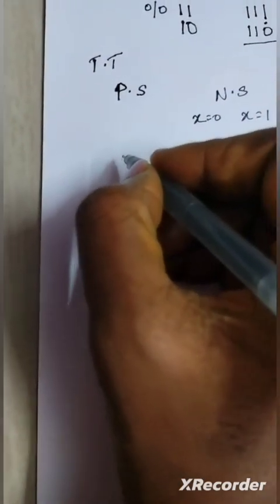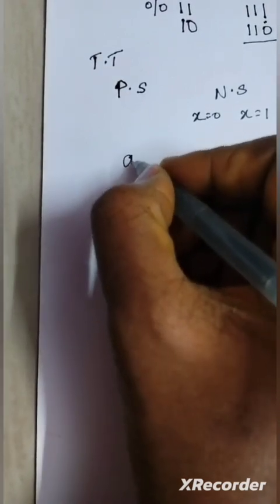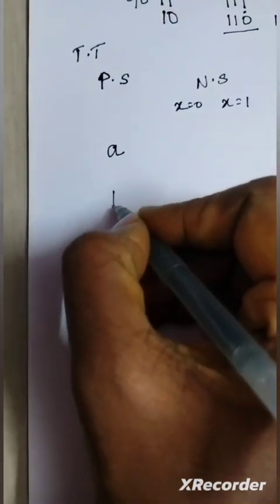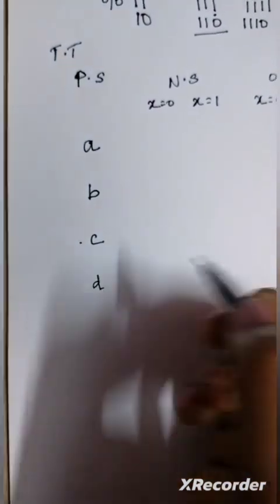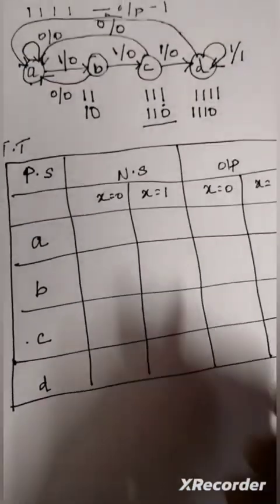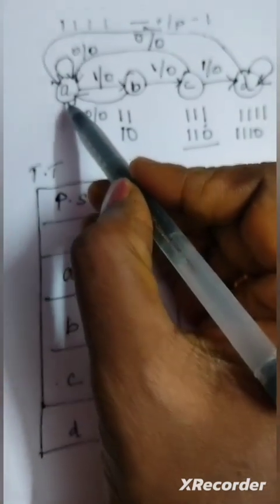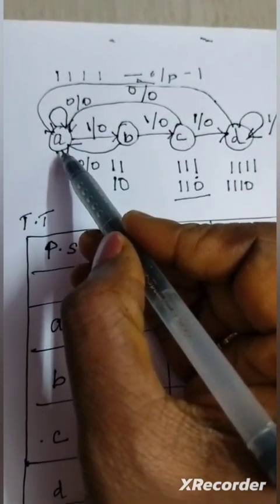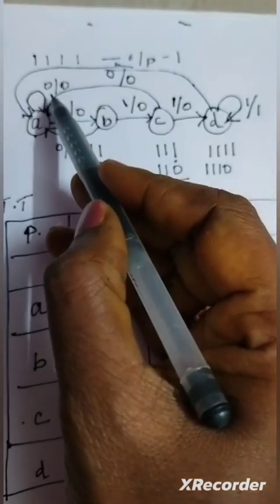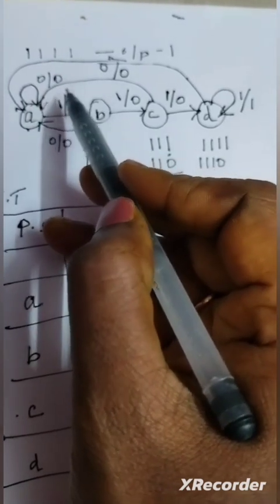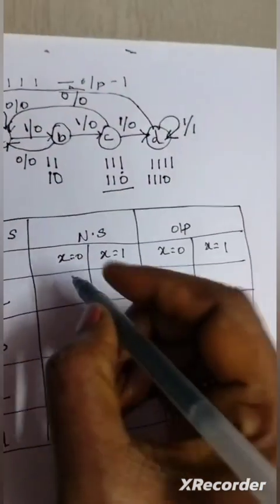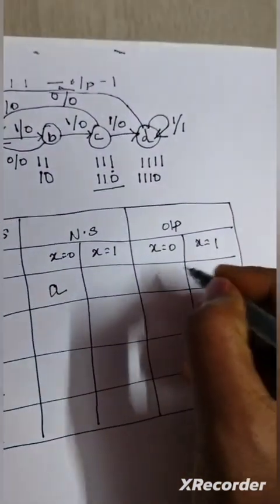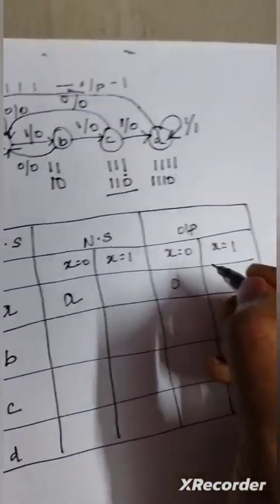So start with present state. What is the present state? Initially I've started with A. A is your first state, B is my second state, C is the third state, and D is my fourth state. So when the present state is A, if your input is 0, it stays in the same state, A, and your output is 0.